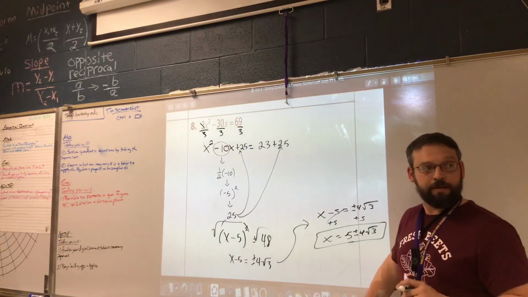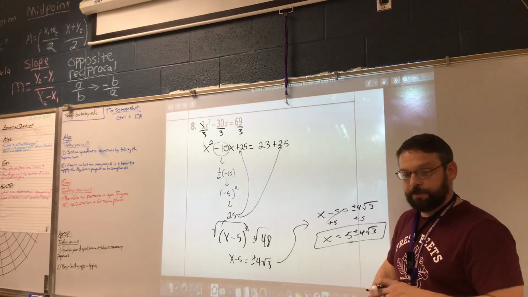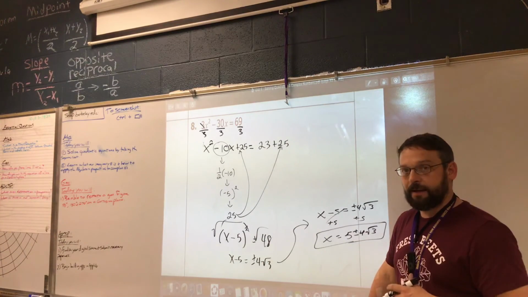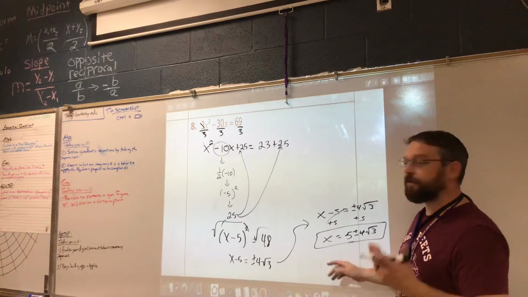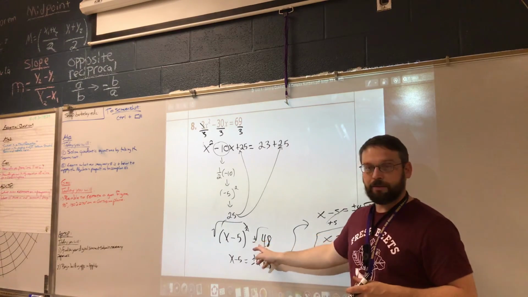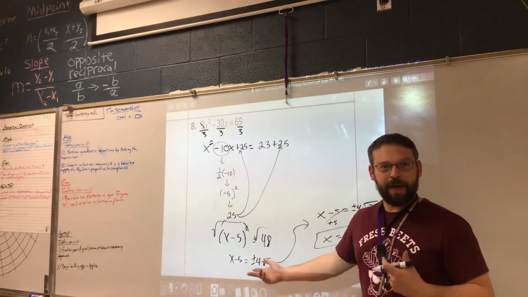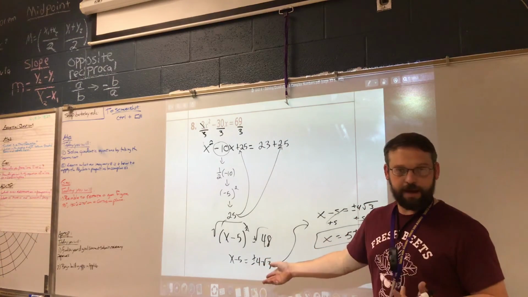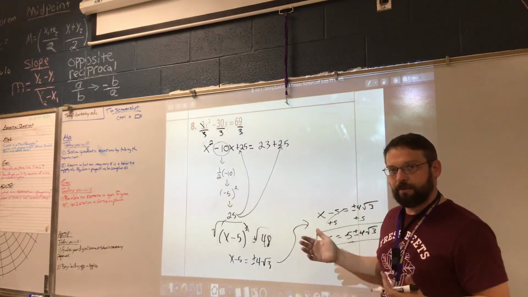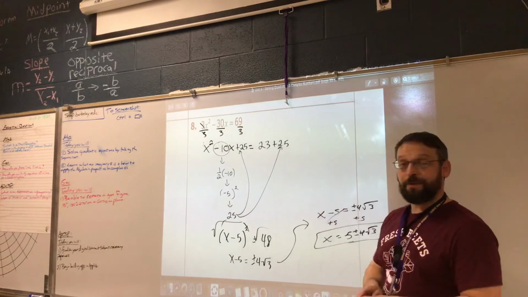So now the only difference here from these problems forward is you might have an i in it because it's imaginary. So like, for instance, if that had been like a negative 48, then you're going to pull an i, square root of negative 1 out, which is an i. So that would probably be the only new thing with this, but that's pretty much it.